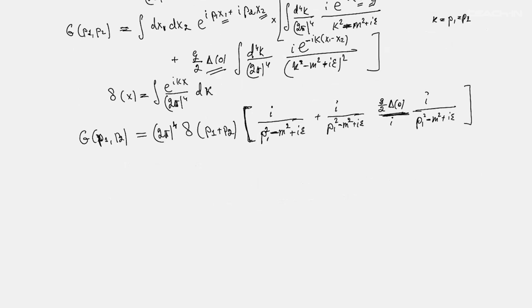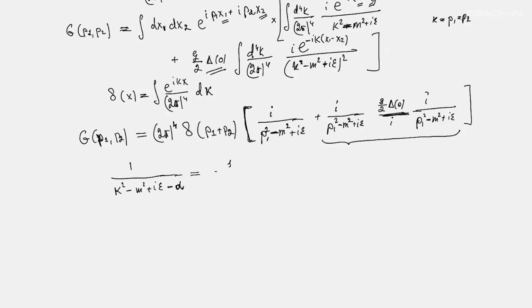Now, this term, which you get at order g, can be interpreted in the following way. So let's look at the following expression: 1 divided by k squared minus m squared plus i epsilon. And let's add to the propagator a small number, let's call it alpha. Let alpha be a small number. Then I can write this expression as follows. I can take out k squared minus m squared plus i epsilon.